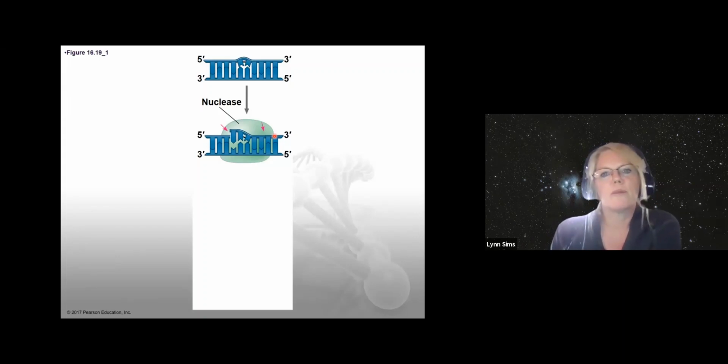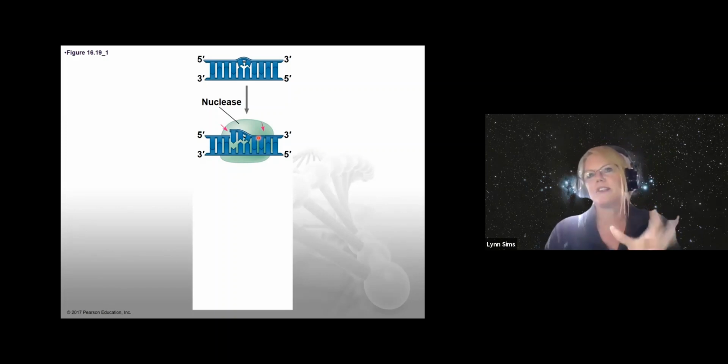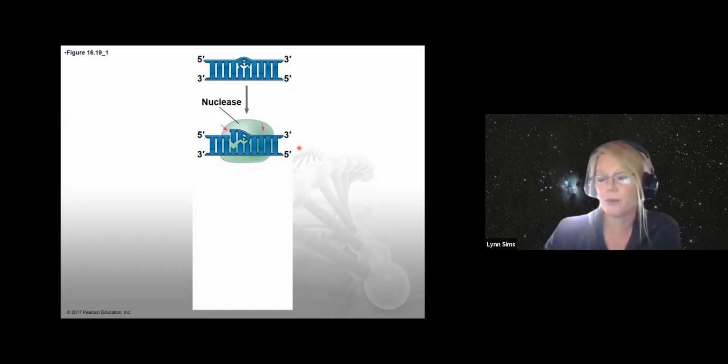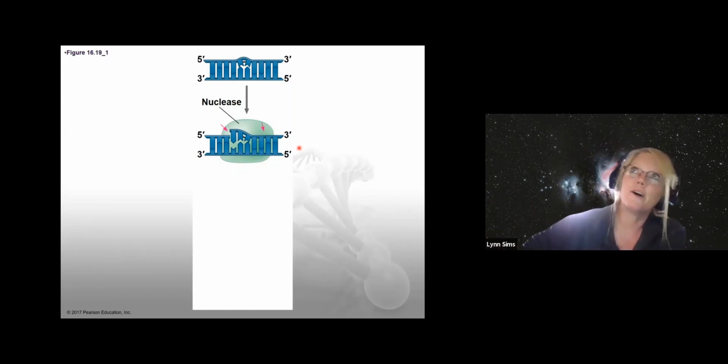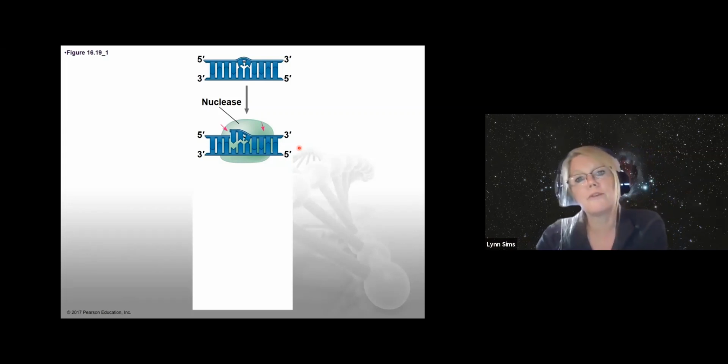So this is an enzyme that actually removes nucleotides, basically removes the damaged part and sometimes some bases around it, after it's recognized and summoned over to this damage. So it's going to remove the bases.